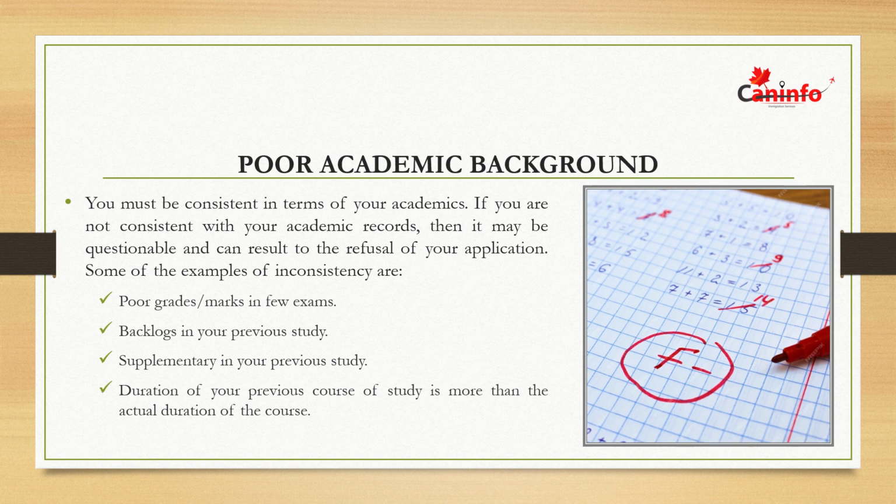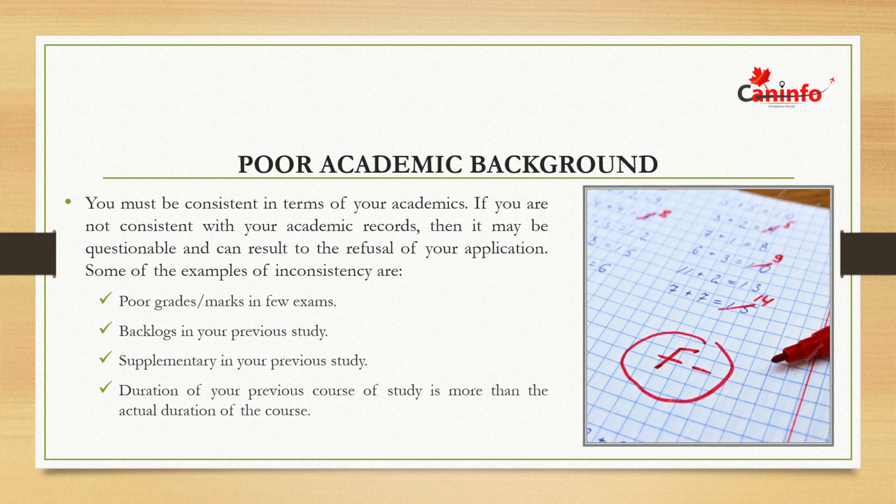The second one is backlog. If you have studied undergrad and you want to go for masters, and in your undergraduation you have backlogs or supplementary examinations, then do not go for the visa application. First clear all your backlogs and supplementary examinations, then go for the visa application, else your visa may get refused.